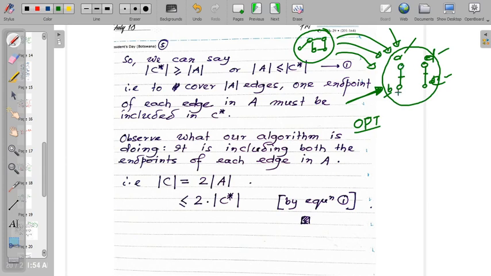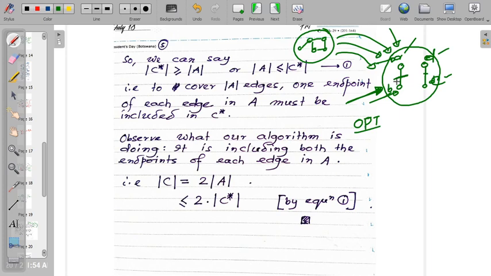So this is a matching. If I have to cover this edge according to the vertex cover definition and include it into the vertex cover, then either this vertex will be there or this vertex will be there or both. As this is the optimal algorithm, we can think that any of these vertices will be included in this optimal vertex cover.